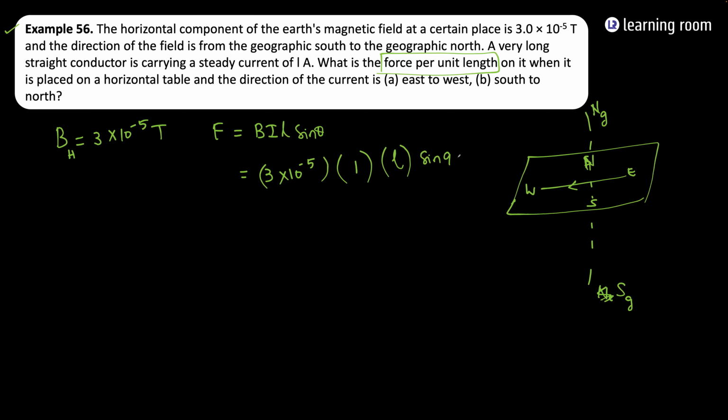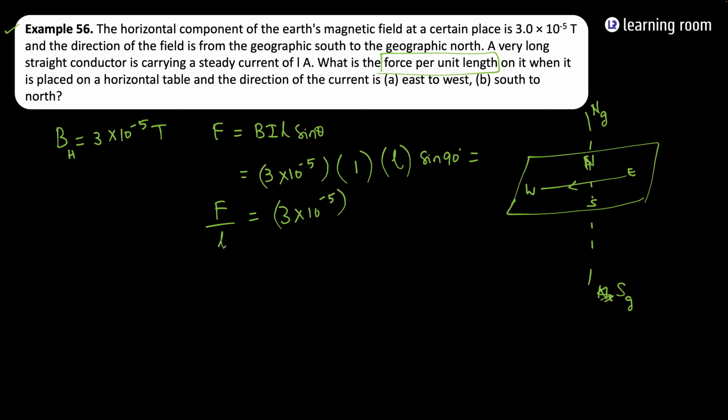So 3 into 10 power minus 5 will be equal to the amount of force per unit length. So those many Newton per meter should be the answer. Right? I think I made a mistake.